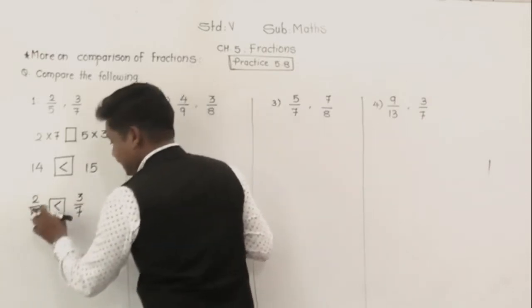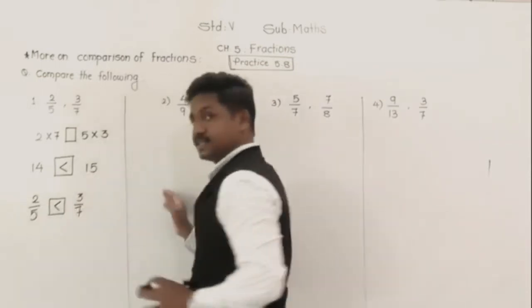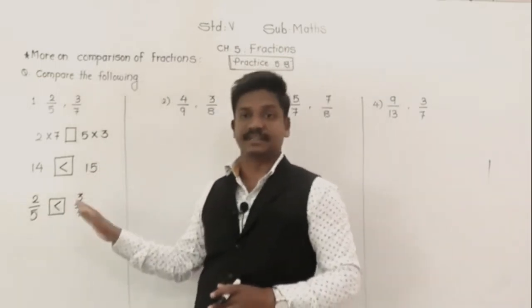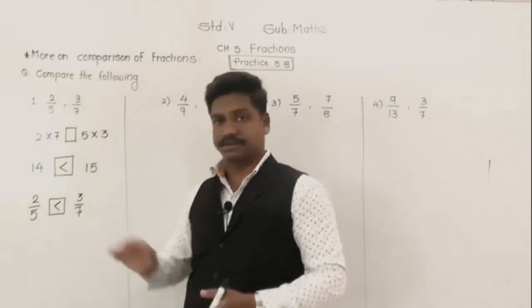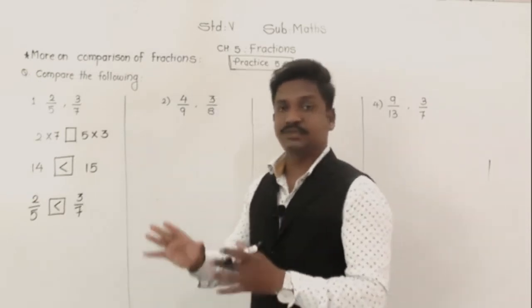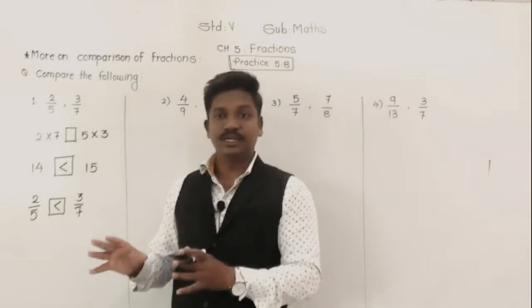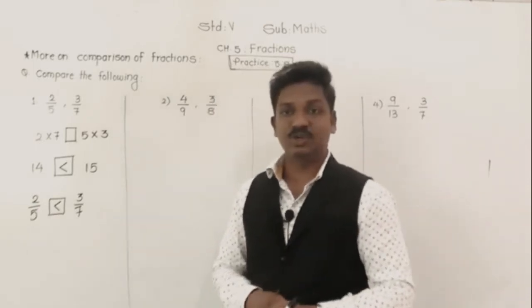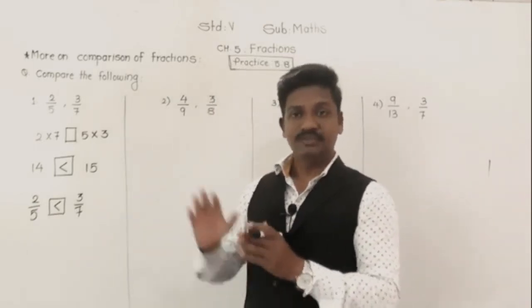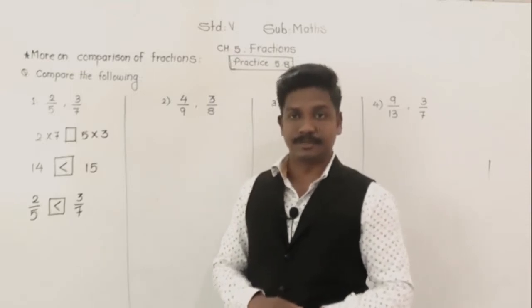So 2 upon 5 is less than 3 upon 7. In this way we have to compare two fractions whose numerators and denominators are totally different, using the cross multiplication method.